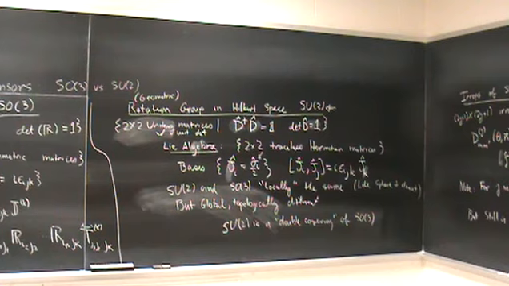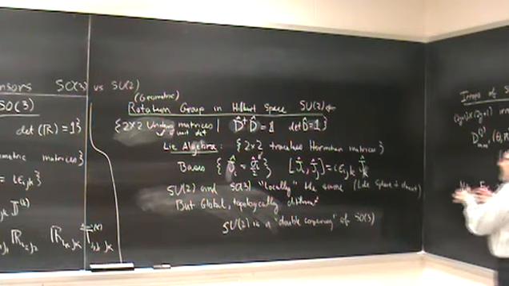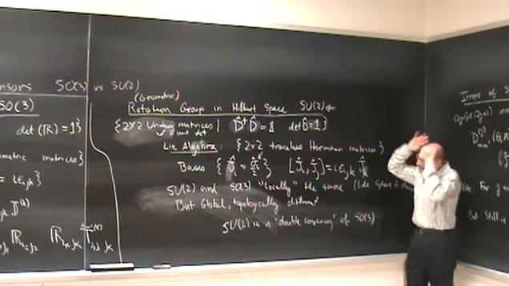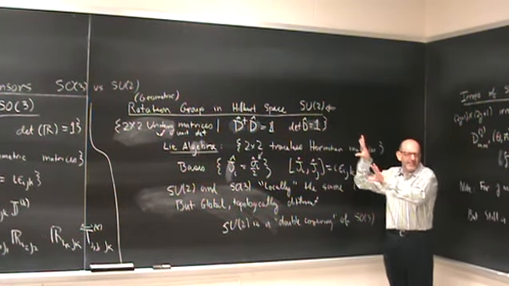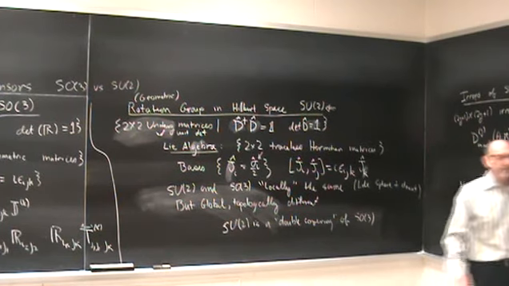If you're an ant on the donut, you wouldn't know that you're not in flatland. But if you walk around, all of a sudden you get back to where you were. If you go through the hole, you can't shrink yourself back. It's simply connected or not simply connected. That's a little bit of the difference. We're not going to go into the details about that.